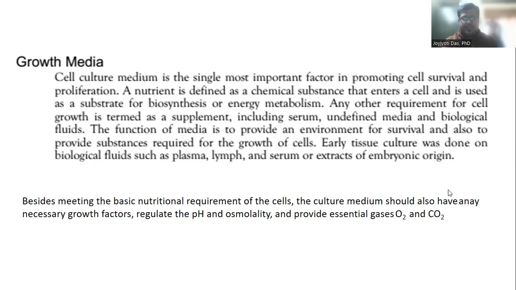Early tissue culture was done on biological fluids such as plasma, lymph, and serum or extracts of embryonic origin, right? So, just to revise, serum is that component of the blood which gets separated when the blood cells have coagulated and settled at the base of the tube. So the yellow color fluid that stays above is the serum.